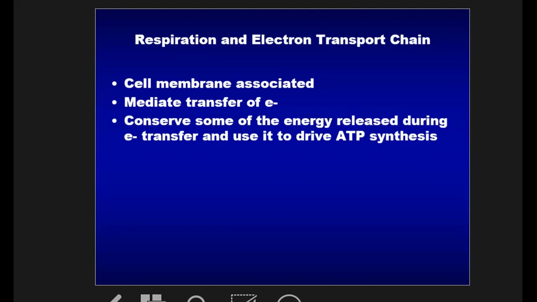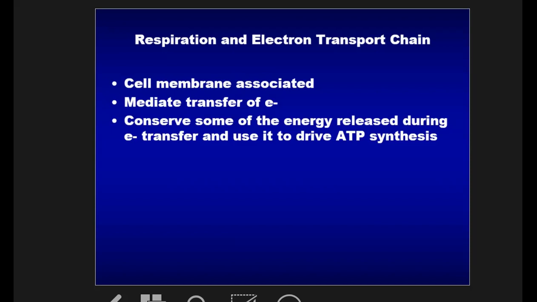As that's happening, it creates a situation that allows for ATP to be made. The fancy word is it conserves some of the energy released during the electron transfer, and some of that energy is used to drive ATP synthesis.